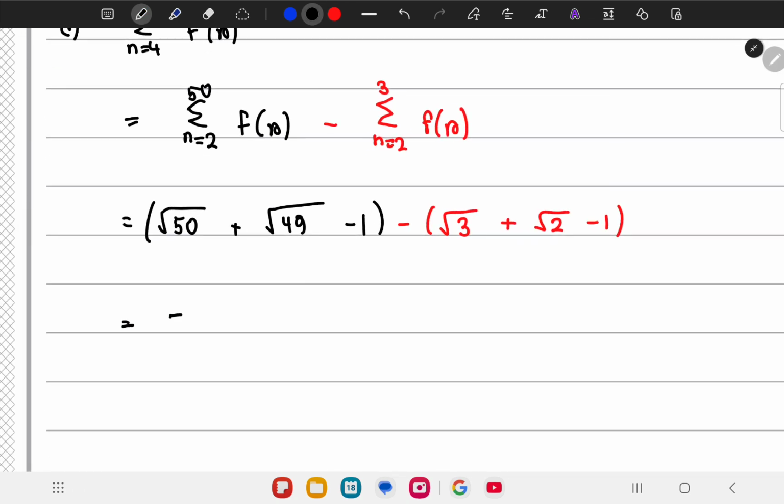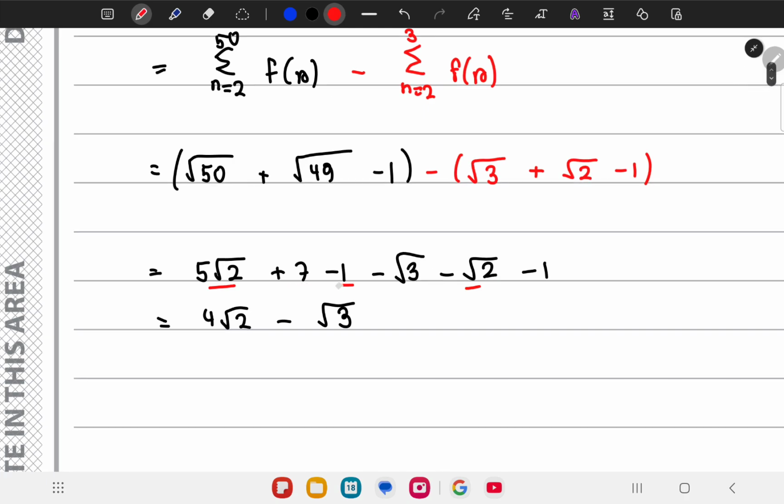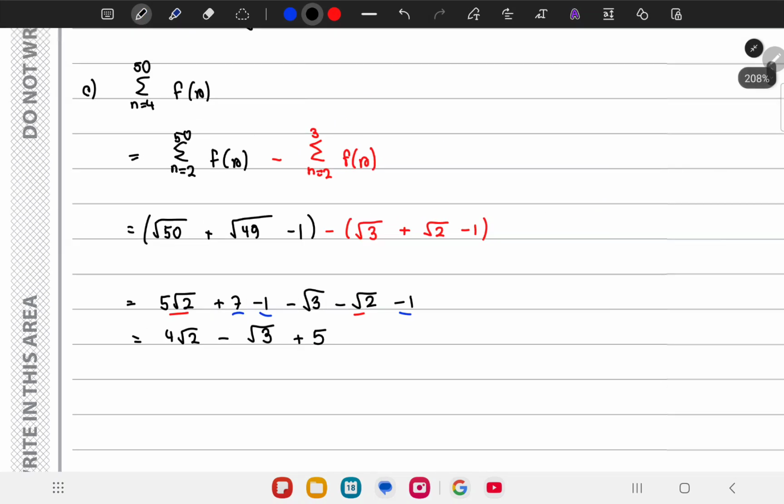Root 50 can be written as 5 root 2. Root 49 is just 7. Then we have minus root 3 minus root 2 minus 1. If we calculate this, we have 4 root 2 because of this. Then we have minus root 3, and then we have plus 7 minus 1 minus 1, so plus 5.